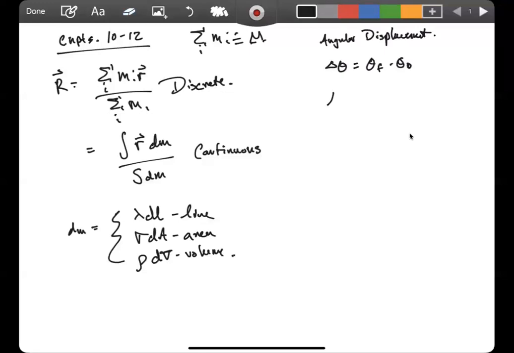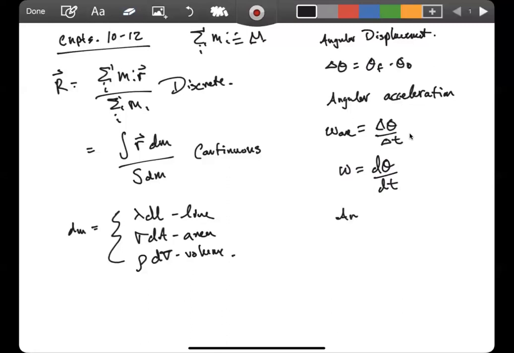And then we have angular velocity. Omega average is equal to our angular displacement divided by our change in time. Again, this is only for the average. The instantaneous one is equal to the time rate of change of the angular position.